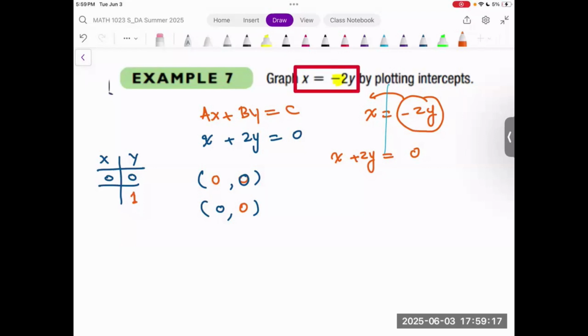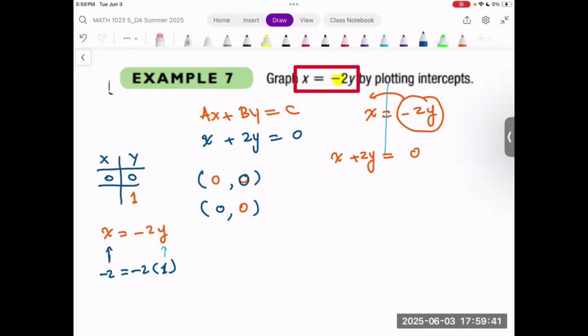Does it make sense? Remember, your equation is x equals minus 2y, right? So which one is going to become a 1? This one is going to become a 1, right? So this is 1 times minus 2. What's it going to be? Minus 2 times 1? Negative 2. And that's the value of the x.